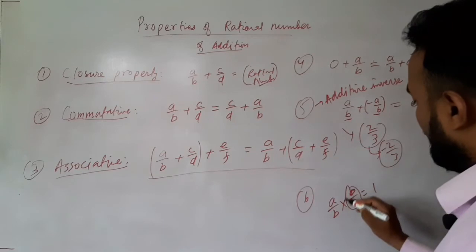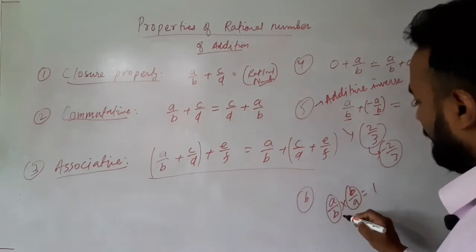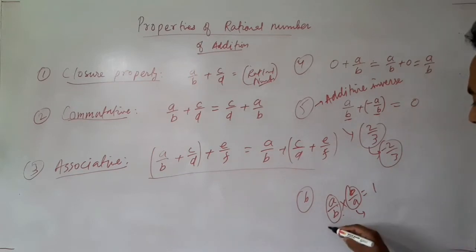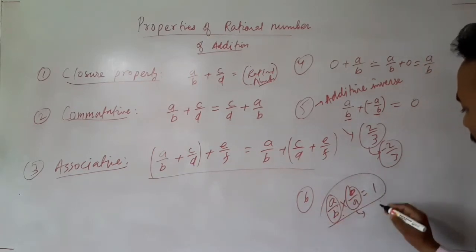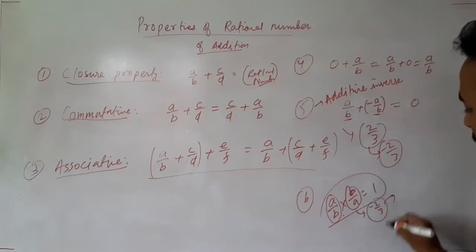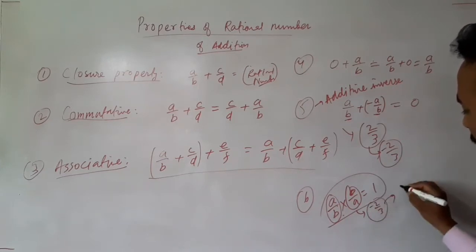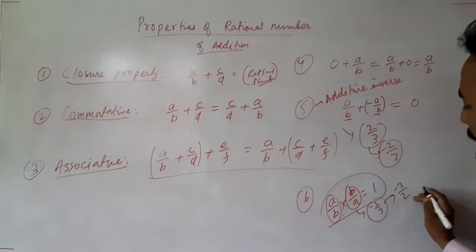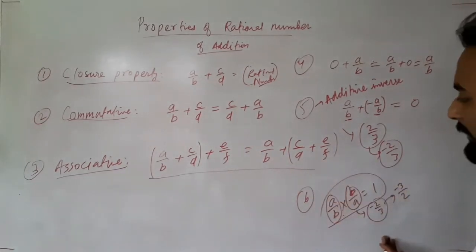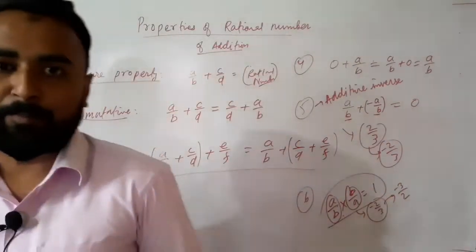Then this b by a is the reciprocal of a by b. So whenever you are given minus 2 by 3 and asked to find its reciprocal, you have to change the numerator with the denominator and the denominator with the numerator. So these are the few properties that you should learn properly.